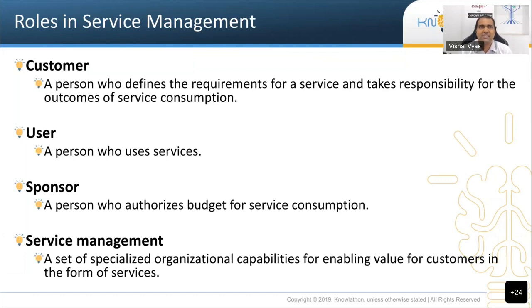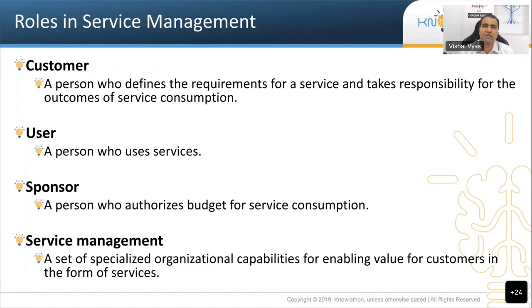And we are learning service management. Every service provider will build its capabilities to deliver better services every day. So a set of specialized organizational capabilities for enabling value to customer in form of service.